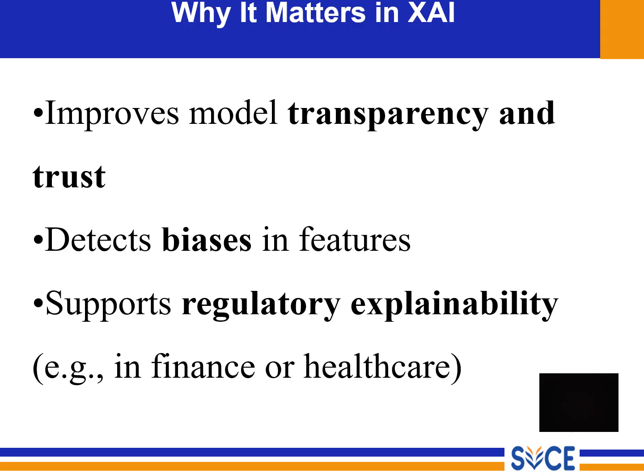And the third one is meeting legal and ethical requirements, especially in finance and healthcare. If a loan application is rejected, we can explain it is because of low credit score and income level, not just that the model said so. So that's responsible AI.